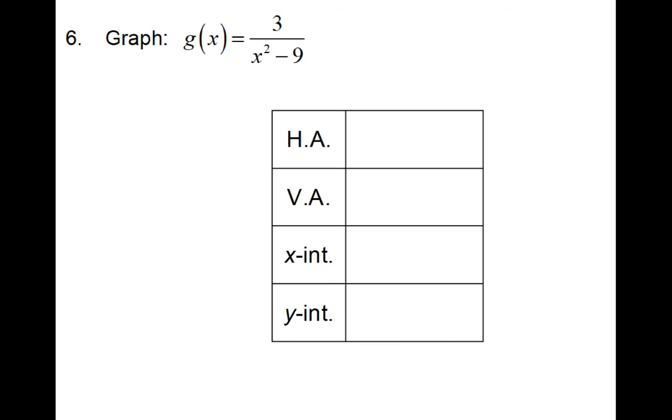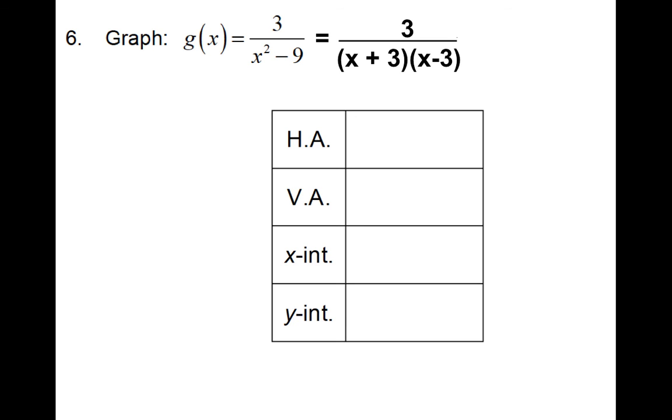Okay, next problem. To find the horizontal asymptote, you have to look at the exponents, but notice how I can factor the denominator. This is a difference of squares. So if I was to t-chart, we'd get x and x, positive 3 and negative 3. So this is going to become 3 over (x plus 3)(x minus 3).